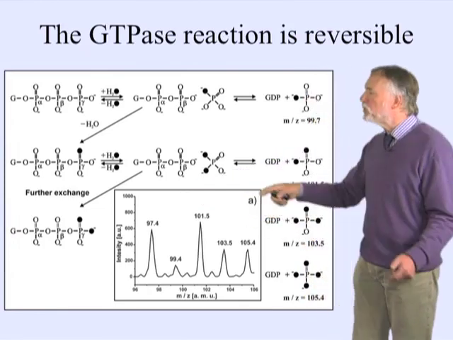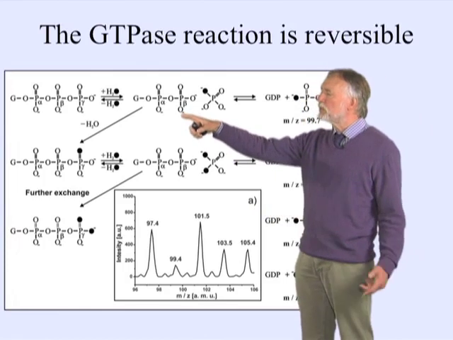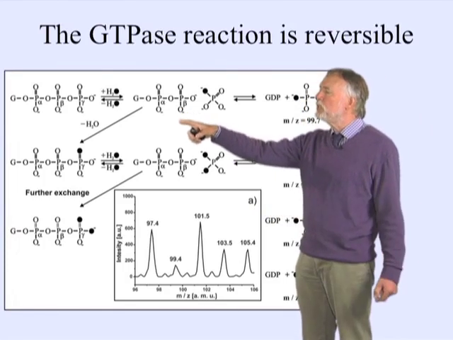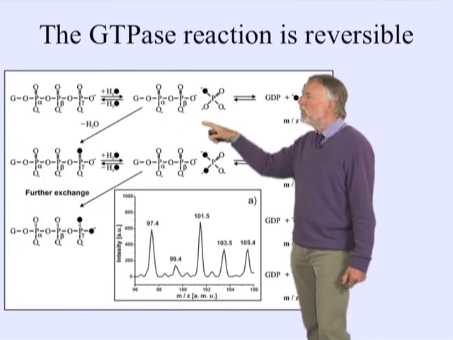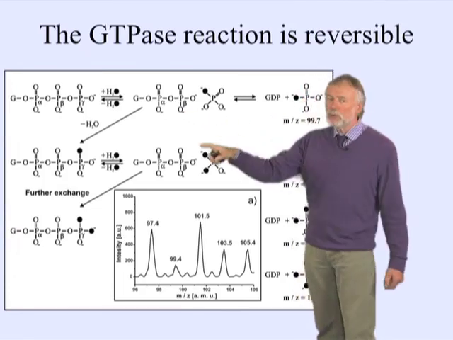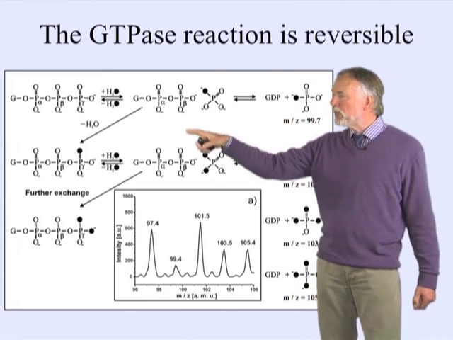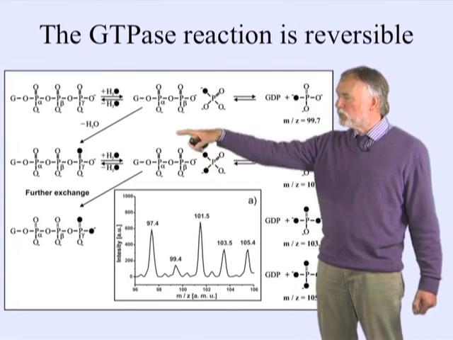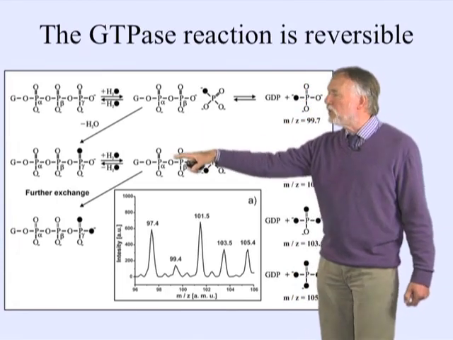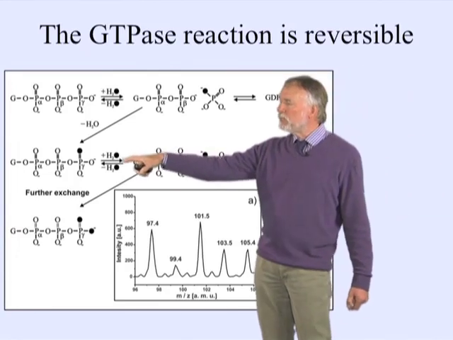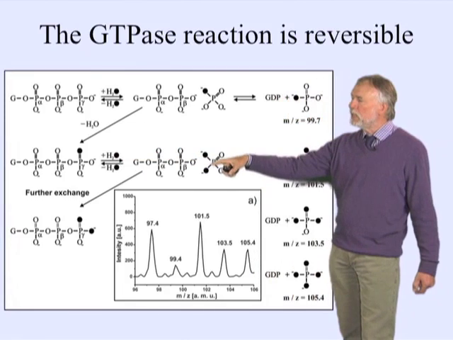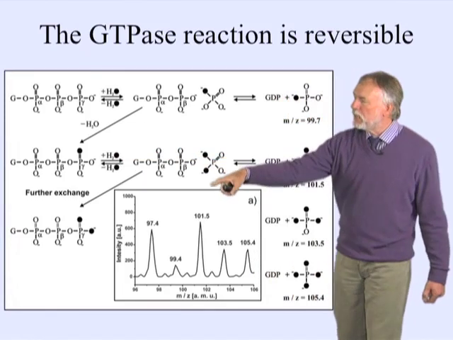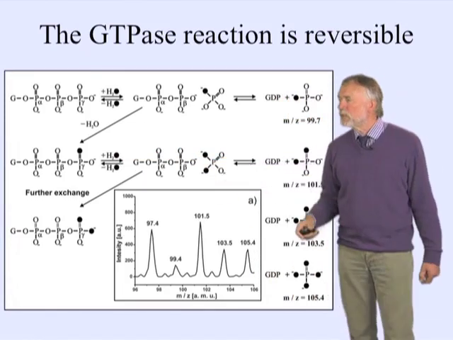It happens because on the protein you have this sort of long-lived intermediate with GDP and Pi sitting in the active site, and before going into product, they can also do a back reaction to make GTP with one oxygen now on the gamma phosphate. If it reacts again with O18 water, you get incorporation of a second O18 into the product, and if it happens again, a third one and a fourth one.